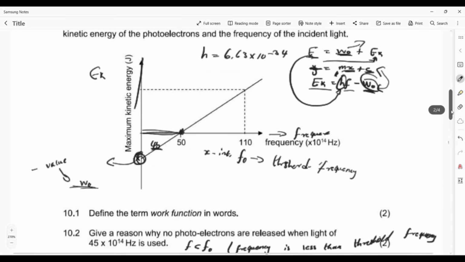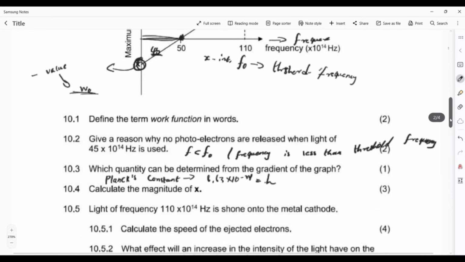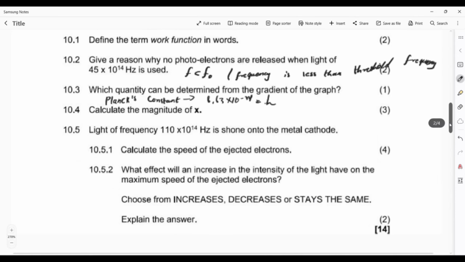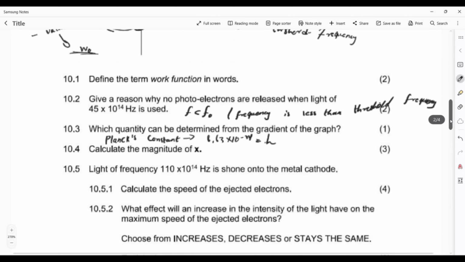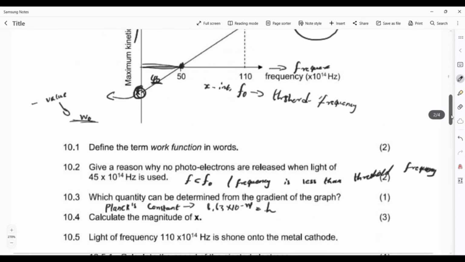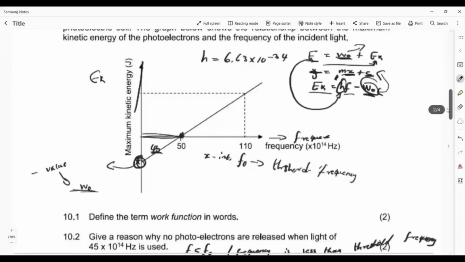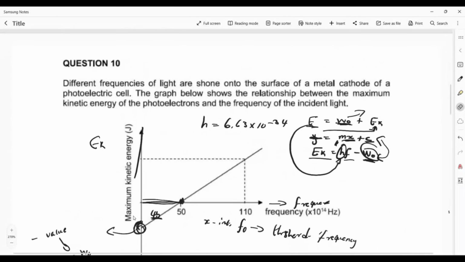Now, the following question, the fourth question, says calculate the magnitude of x. They want you to calculate the work function. How do you calculate the work function again?